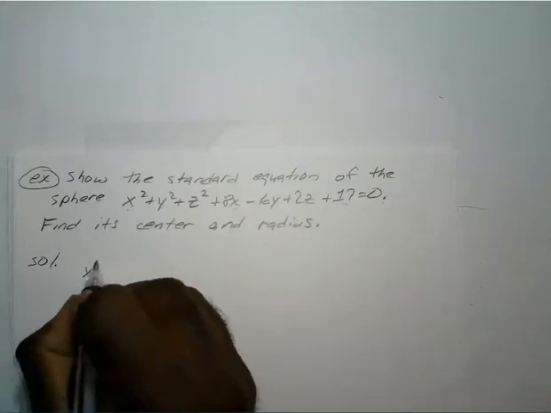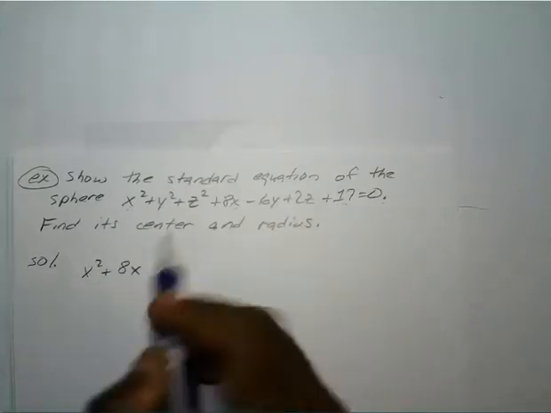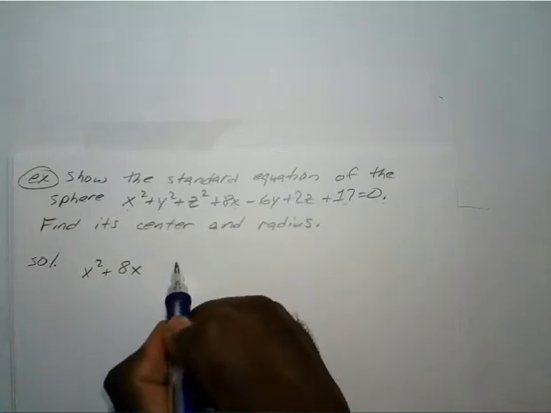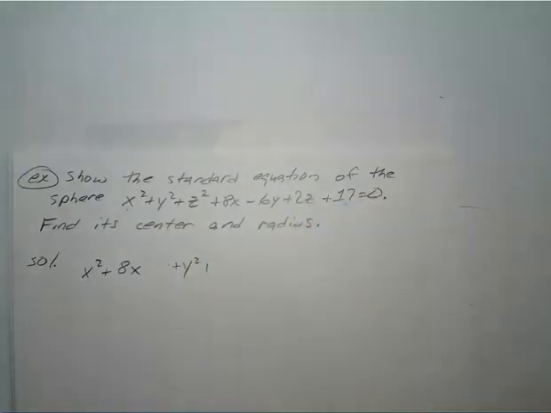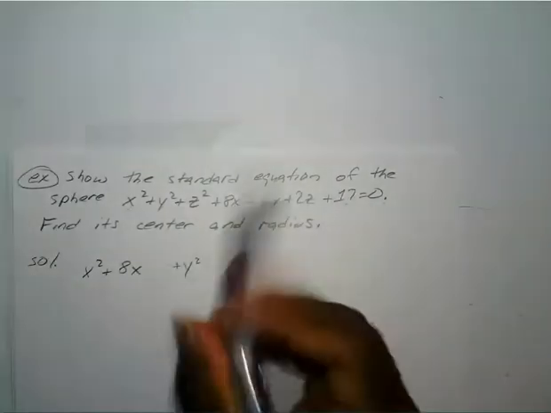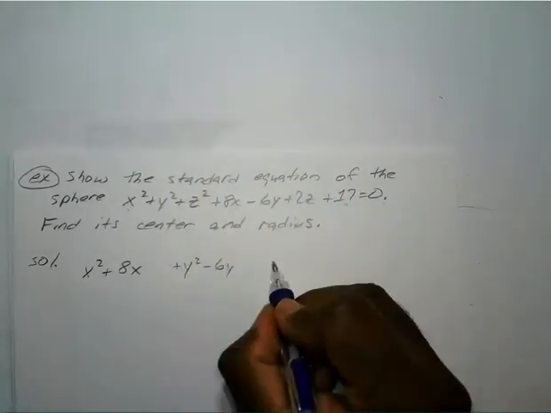So that becomes x squared plus 8x, plus y squared. I'm going to give it a little bit of space. Minus 6y. I'm going to show you why I'm giving it a little space. Then you have plus z squared. Give that a little bit of space too.